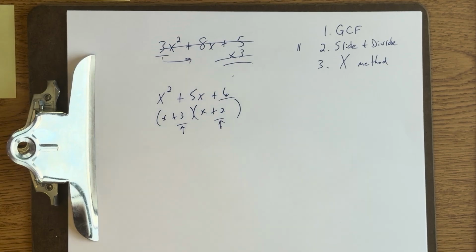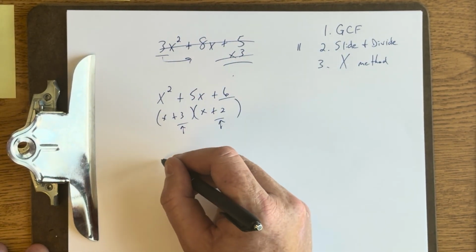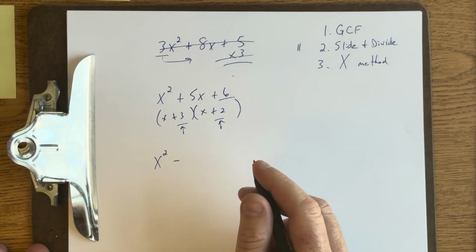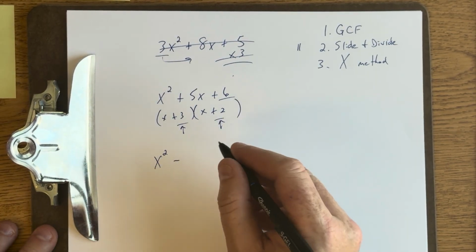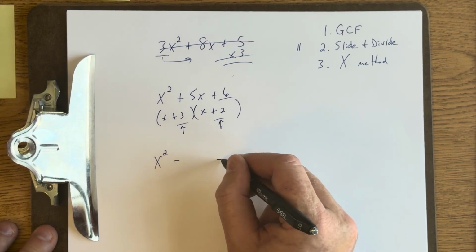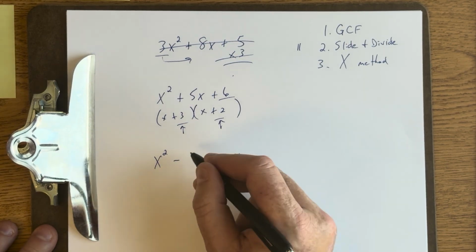Same thing for number 8. Exact same thing, except the signs are going to be a little bit different. Number 8 is going to look like this: x squared minus 10x, let's go negative 24 on the end.